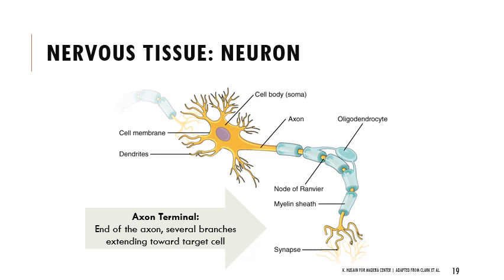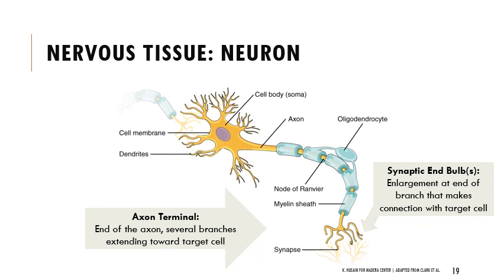So again, it goes from that initial segment to the axon terminal, which is the end of the axon, and there are several branches there extending towards target cells, ending in synapses and synaptic clefts. When we see the synaptic clefts, there's a synaptic end bulb, which is this enlargement. You'll see that when we talk about synapses in a little bit more detail, in terms of the structure.